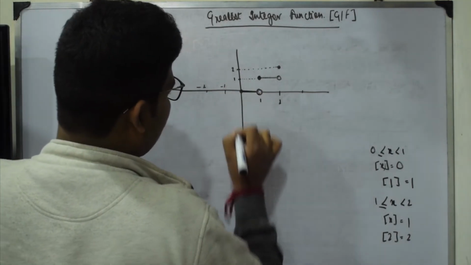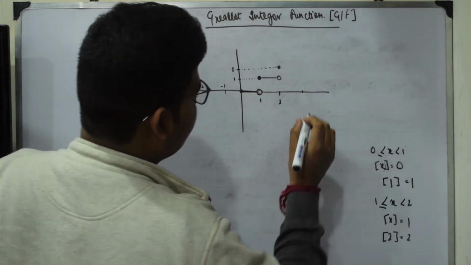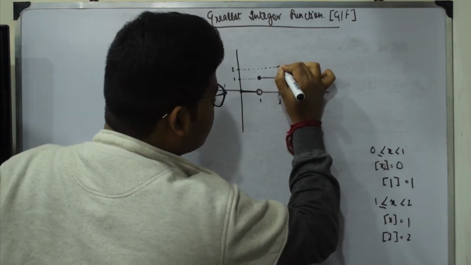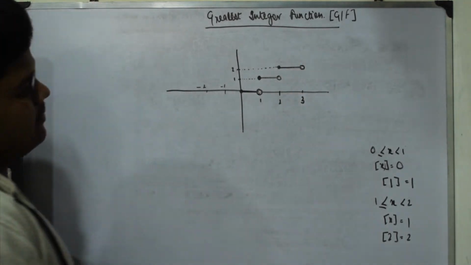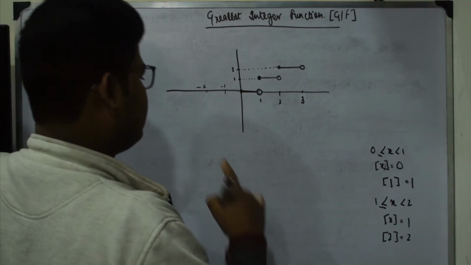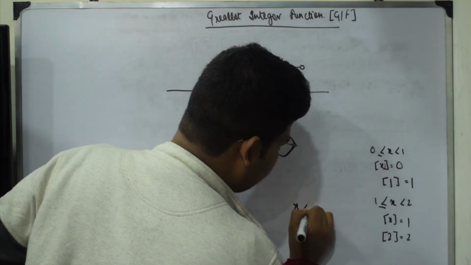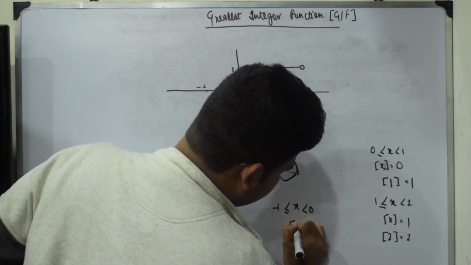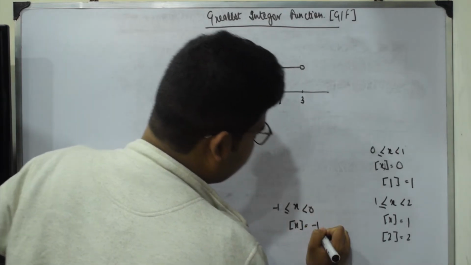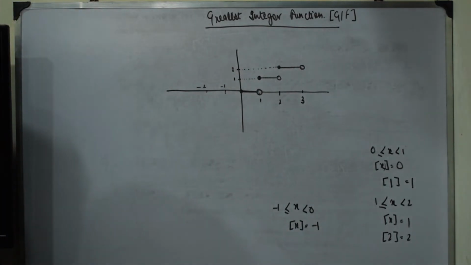Now coming to the negative side, let's go for 3 also. For 3 it's coming like this, and on 3 it would be an open circle. Now for any number lying between 0 and minus 1, GIF will always be minus 1.